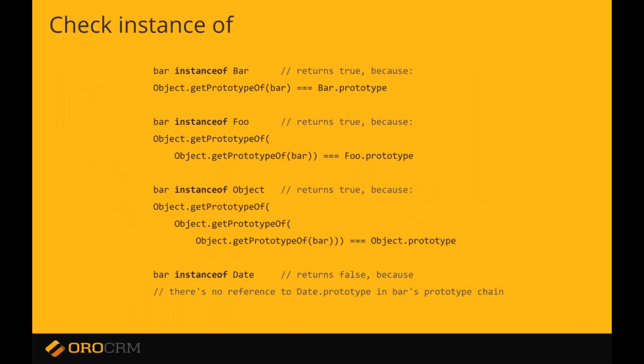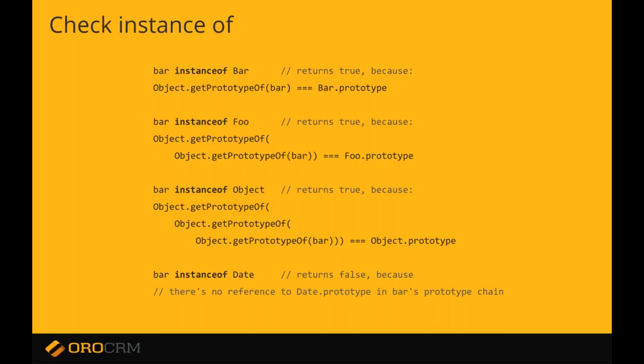JavaScript, same as PHP, has an operator that allows us to check if the instance is inherited from some constructor. But it works a bit differently. Here we don't check the class, but we check the prototype.